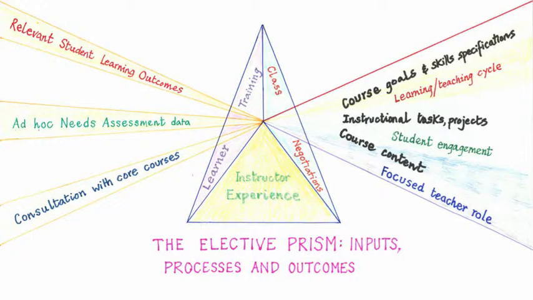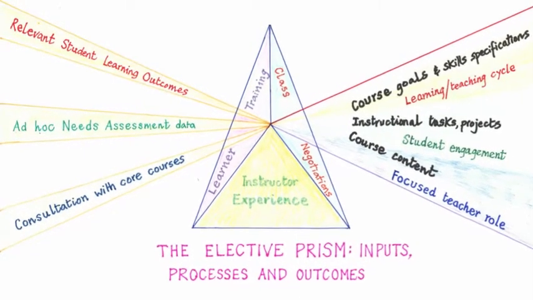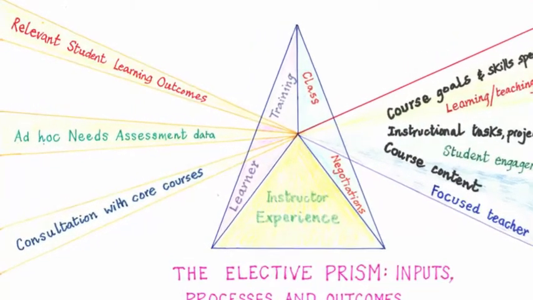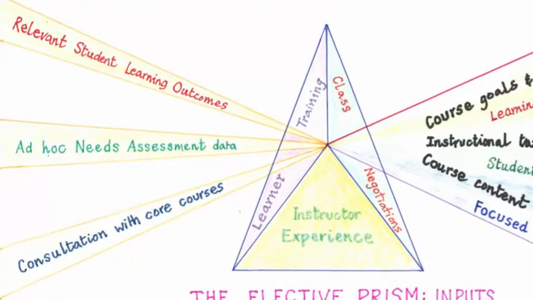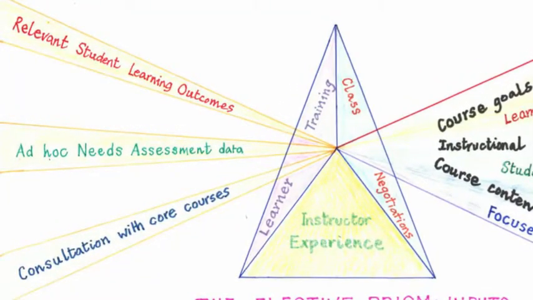So in this case, the inputs to the prism are still the student learning outcomes, but the ones that might be relevant. So for example, if the elective is a literature class, then the learning outcomes in terms of reading are going to come into play here.